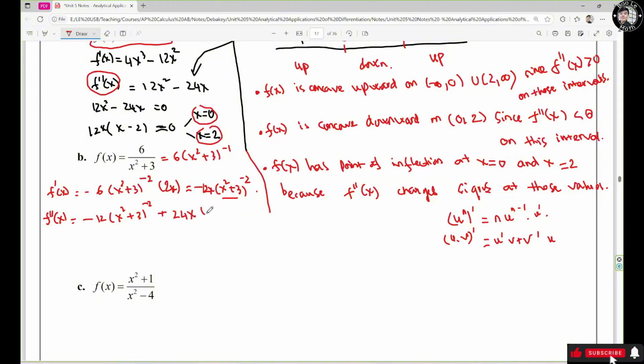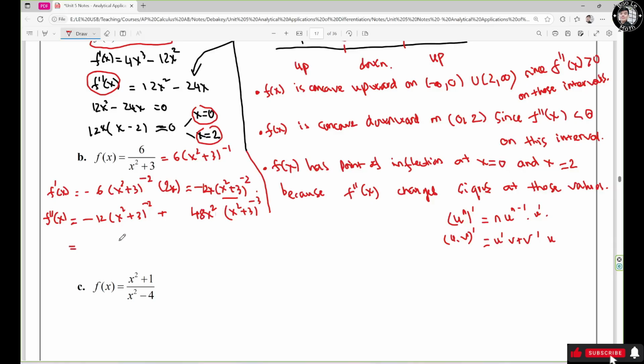Times 2s and then times (s squared plus 3) to the power negative 3, right? Now I need to combine this guy and this guy. 24 times 2 is going to be 48 and s times s is s squared, right? So this one turns out to be 48s squared.